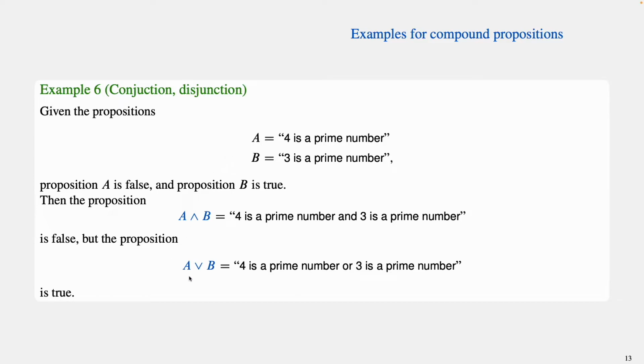However, if we look at the or, A or B, 4 is a prime number or 3 is a prime number, here it is enough that one of the two is a prime number to make this statement true. And since 3 is a prime number, the overall statement A or B is correct. It is true.